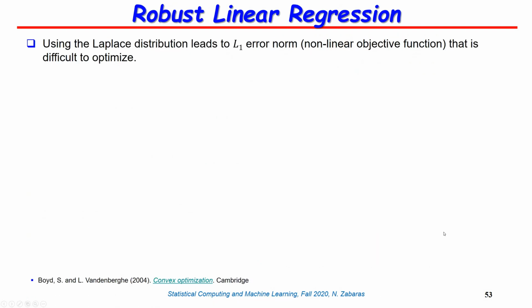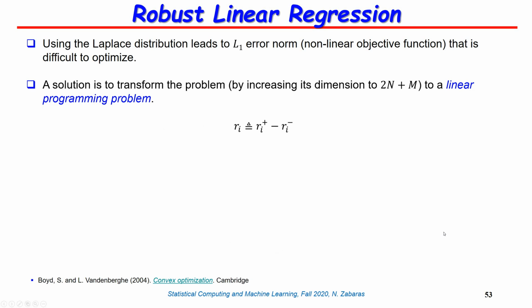Okay, now there is a last approach that you can use to address this problem without having to solve these optimization problems with gradient methods. You can use instead linear programming methods.